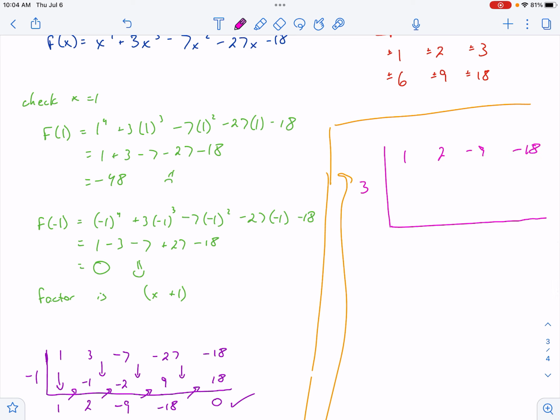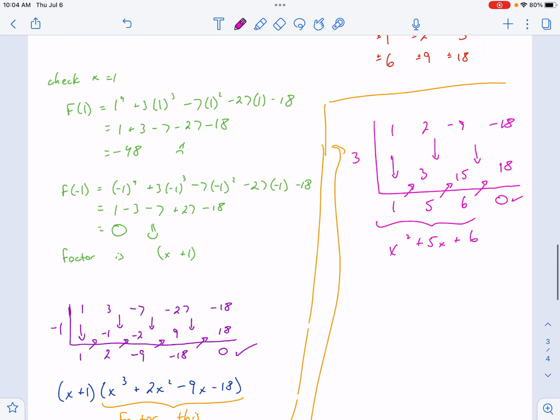Okay, let's do that synthetic division. Drop it down. Multiply across. Add down. Multiply across. Add down. Multiply across. Perfect. Got a 0. Awesome. Okay, so this is now, from these last 3, an x squared plus 5x plus 6. That is the factored form.